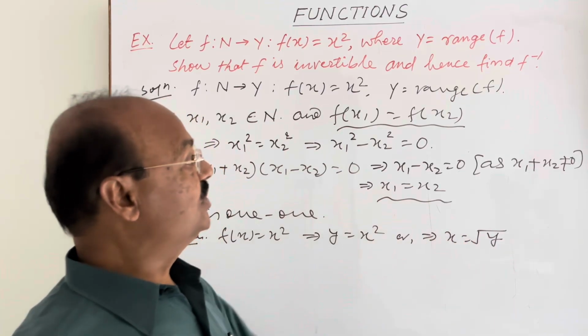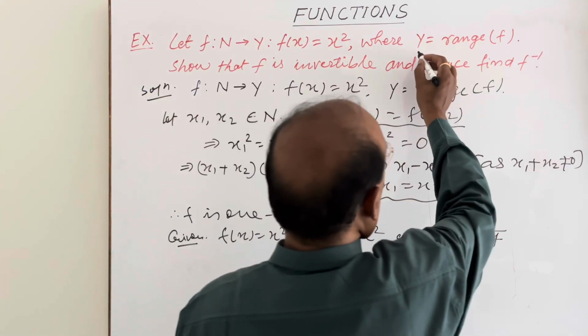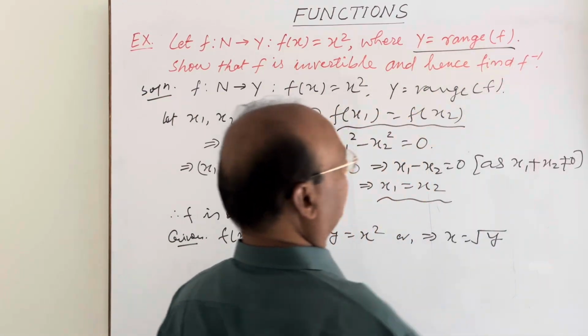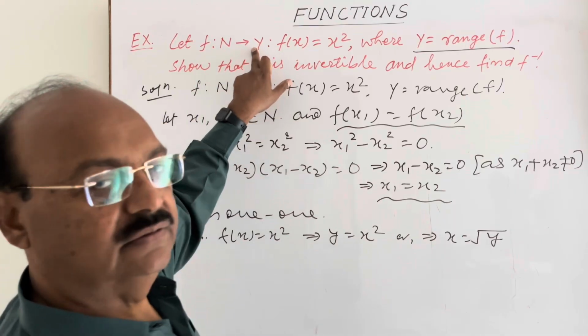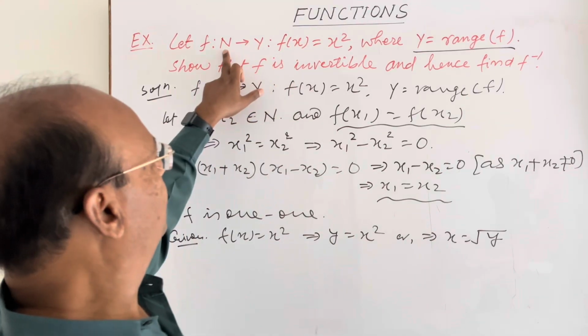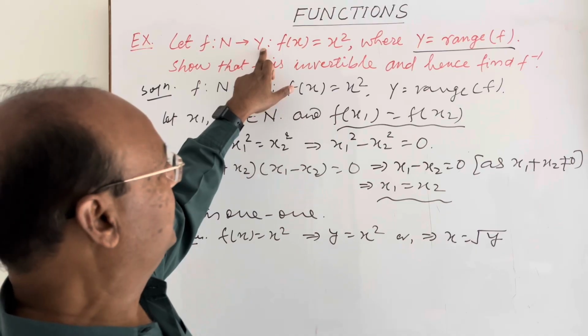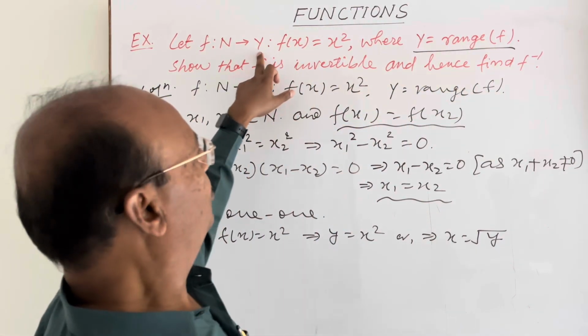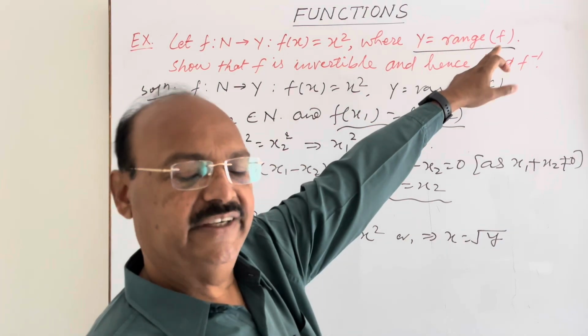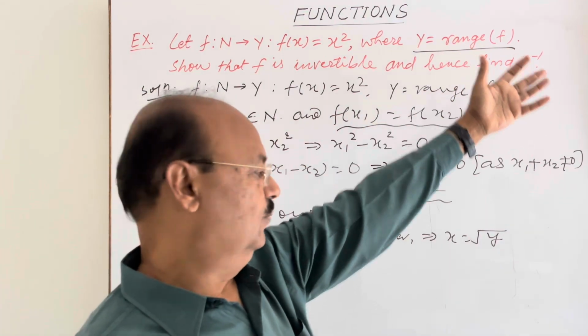And at the same time, you see that Y is the range of f. The function is defined from N to Y. This is the domain, this is the codomain, Y is the codomain, and here given Y is the range. So if codomain is equal to range, it means the function is an onto function.